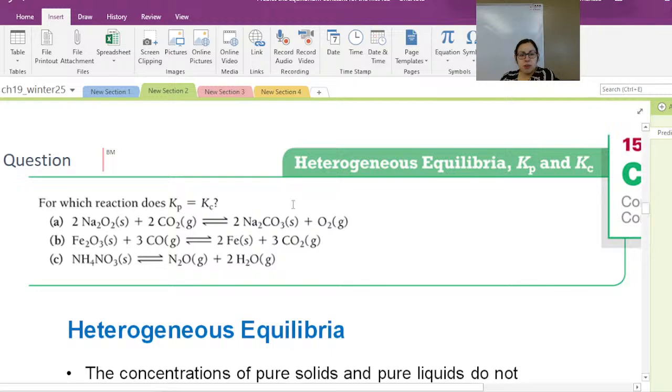What are we comparing when we look at these equations? We're trying to see if the difference between the products and reactants equals 0.